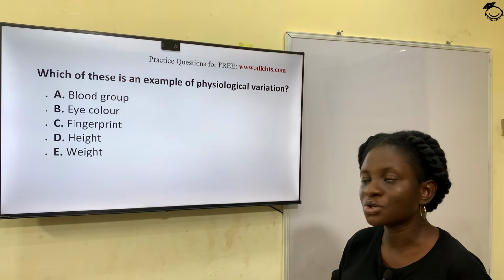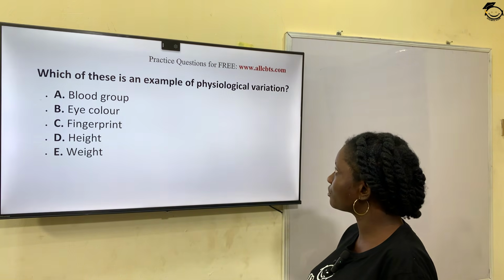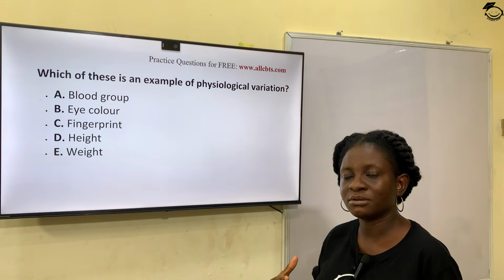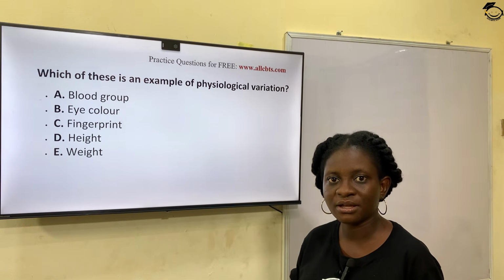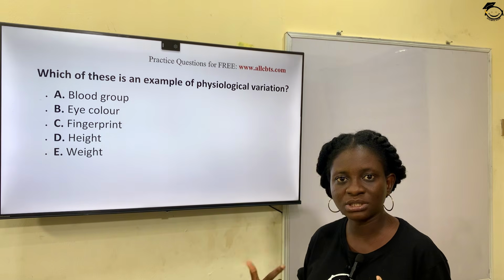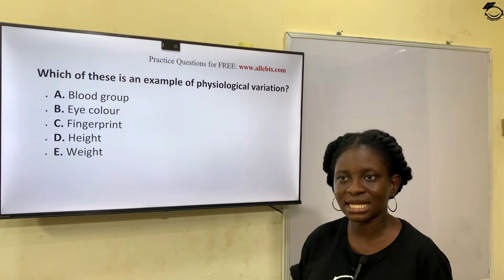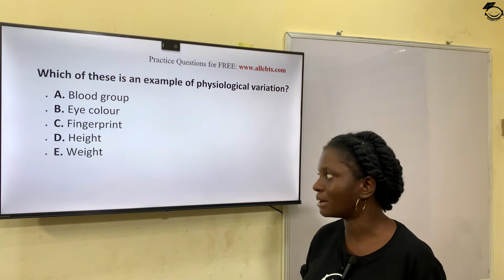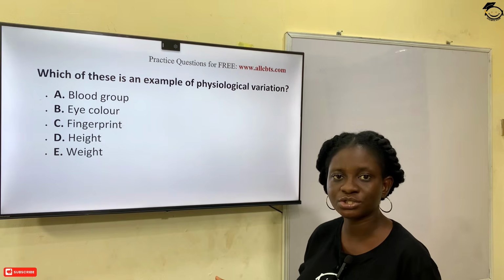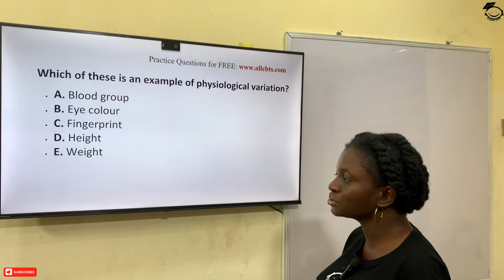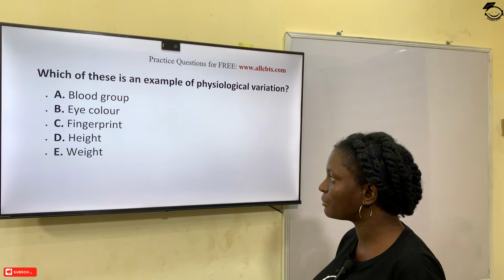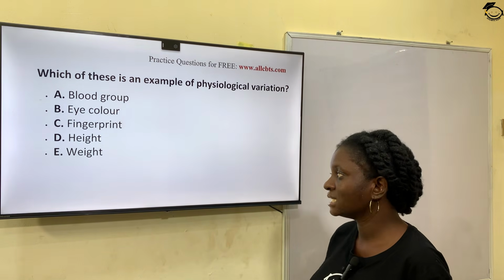The next question: which of these is an example of physiological variation? Physiological means how the body functions, while morphological is the outward physical appearance. So which of these is an example of physiological variation? Option A, blood group, option B, eye color, C, fingerprint, D, height, E, weight.